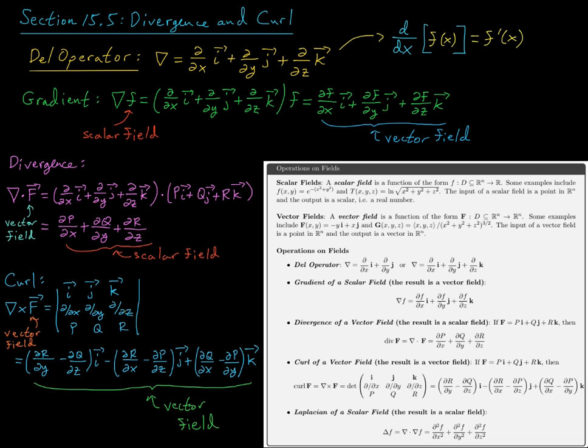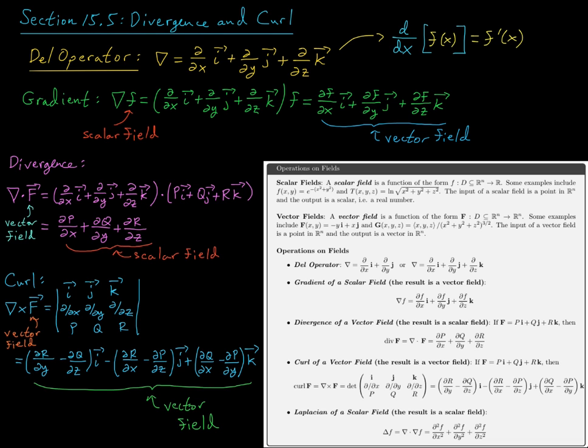So here in the second row of this determinant, I have those partial derivative symbols, and then at the bottom I have the components of the vector F. Then when I perform this determinant, let's look at the i component first. I cross out the first row and first column, and I'm looking at this little 2 by 2 determinant. But again, when I multiply del y with R, you're really taking the y derivative of R. And then you're going to subtract from that the z derivative of Q.